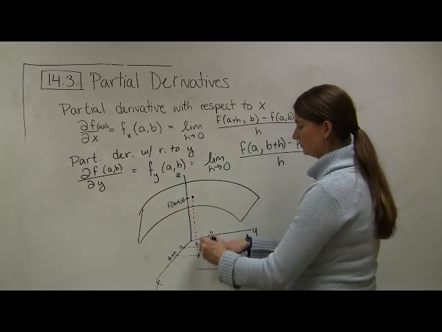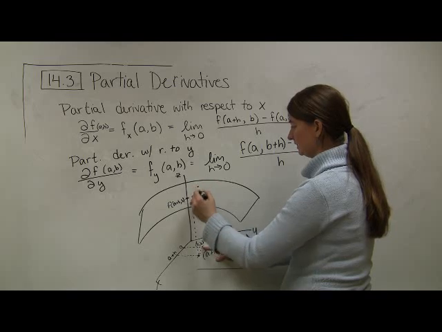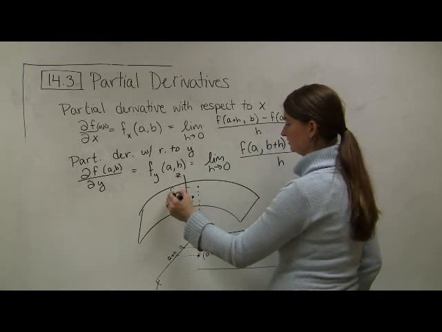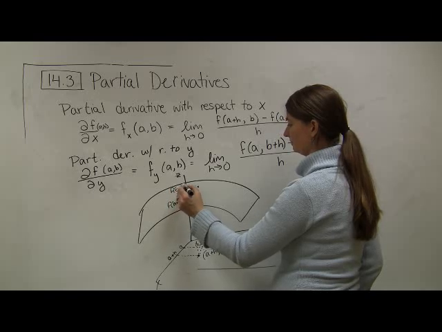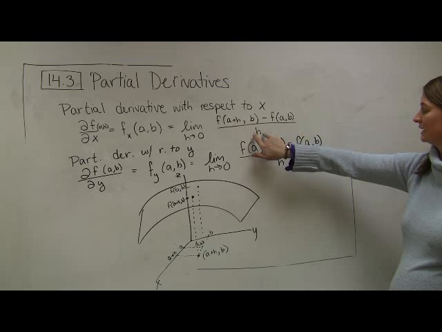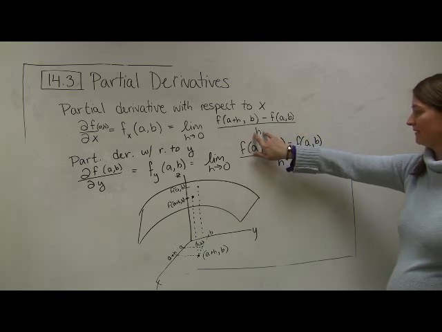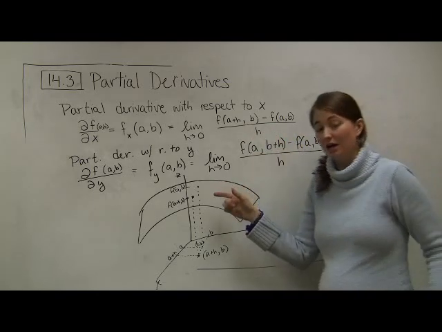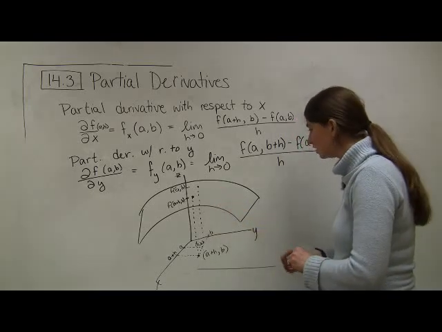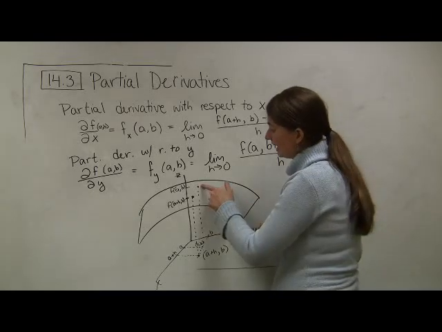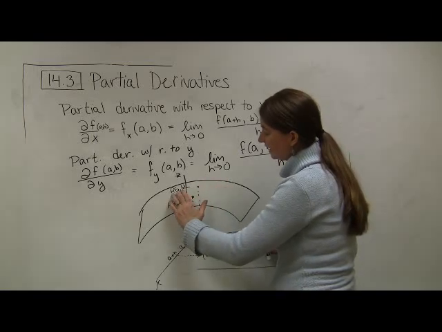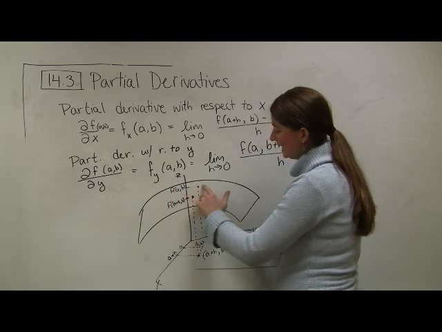And my output of the point (a, b) is going to be something like this, with a height of f of a comma b. So when I'm looking at this difference divided by my value h, really, I'm looking at a slope. It's just a very particular slope. It's the slope emanating from this f of a comma b height.